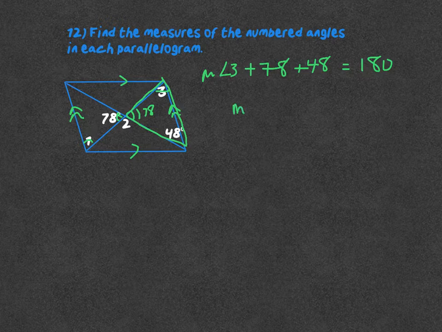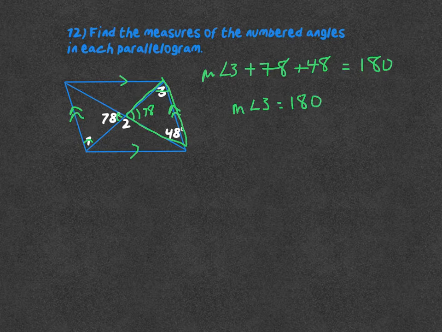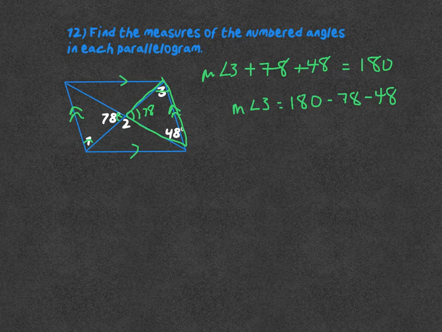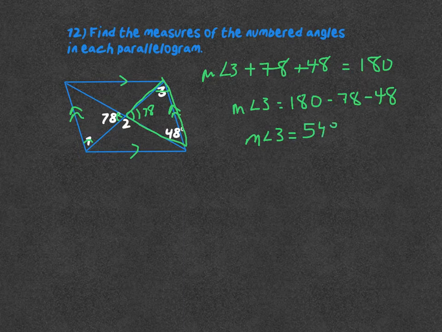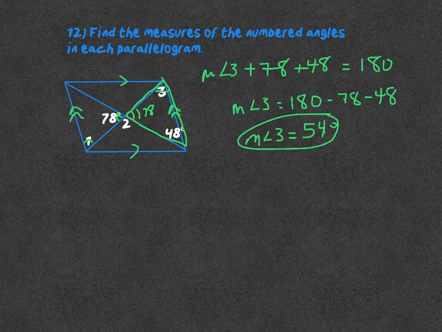So the measure of angle 3 equals 180 minus the 78 minus the 48, which is equal to 54. And if measure of angle 3 is equal to 54, then measure of angle 1 is equal to 54 because of alternate interior angles.